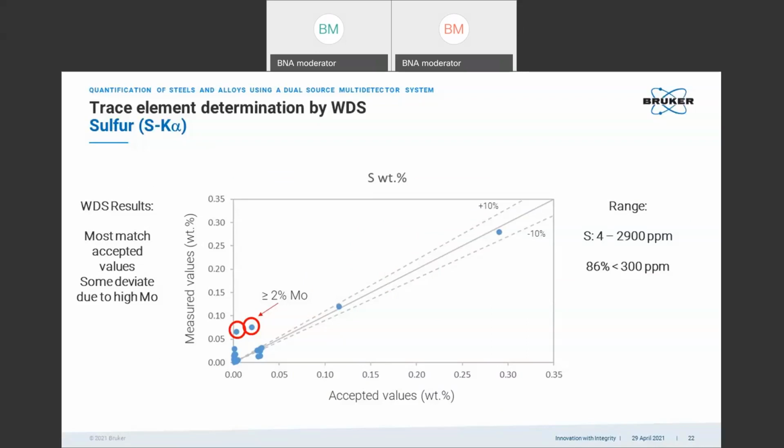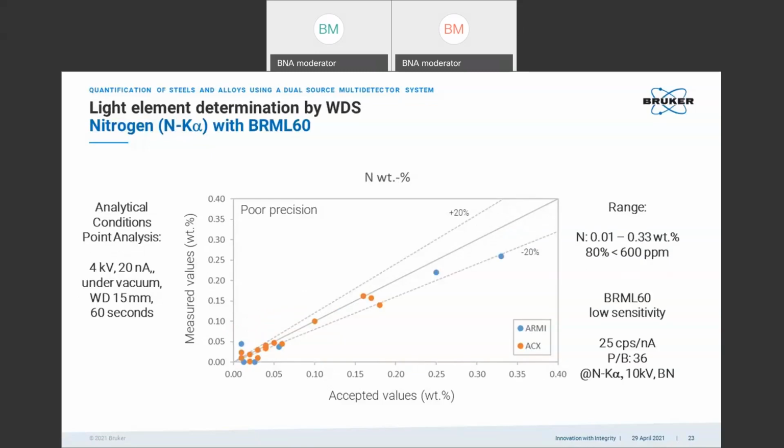Some of the analyses go up to apparently high sulfur values, which are just related to high molybdenum contents, where we see 2% of molybdenum or more, like what is typical for the V4A steels, the molybdenum-rich steels. In that instance, high molybdenum, low sulfur, that is tricky. There we still have the overlap, so that's even somewhat a limit for the WDS.